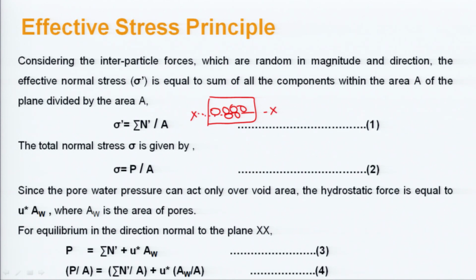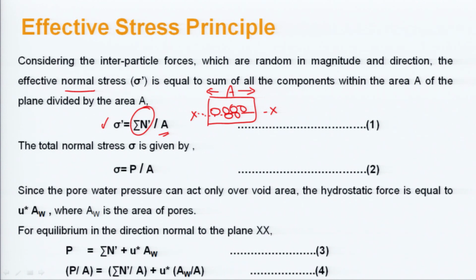Here all the normal components, that is the vertical ones, and this cross sectional area was A. So, the summation of all the normal forces, sigma N dash, divided by A, will give you the effective normal stress, because it will be in a somewhat vertical direction, all the forces divided by the cross sectional area. So, it will give you the vertical effective normal stress.